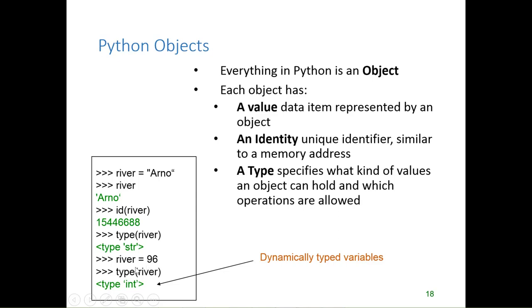And if we say river equals 96 and find the type again, we're going to get integer. So the type has just changed because we changed the assigned value. This is called dynamic typing. Dynamic means changeable.